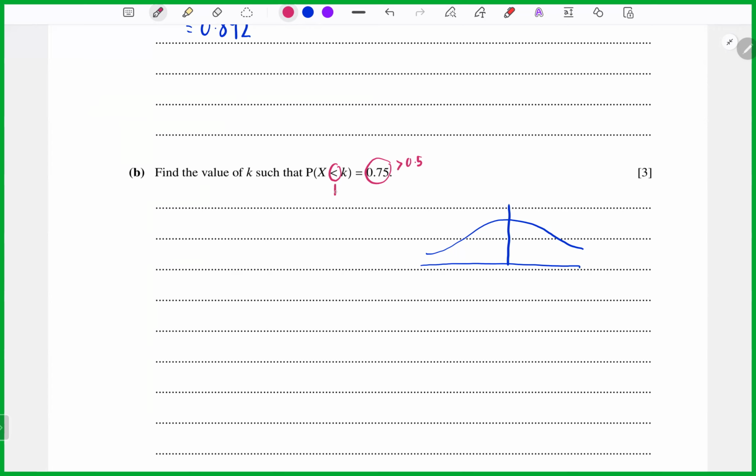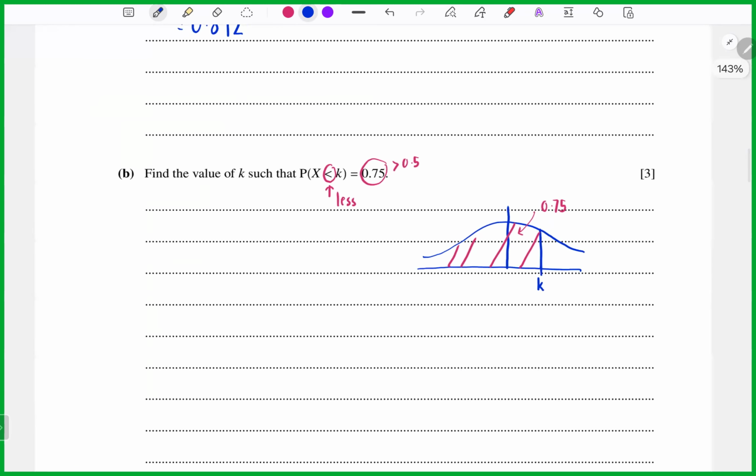And this shows less. So the K should be placed in the first quadrant here, and here is 0.75. So you can take out the value of K.